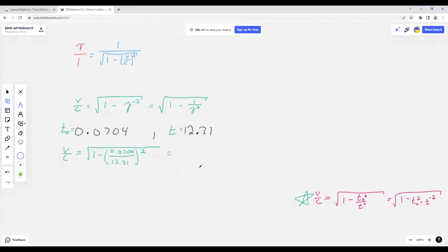And doing that, divide these, then square them, then that's going to give you the square root of 1 minus 0.0000327 and so on, so on. So that's going to go really far out on the calculator.